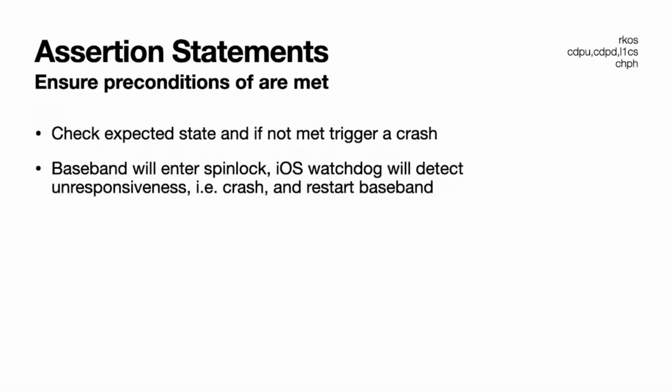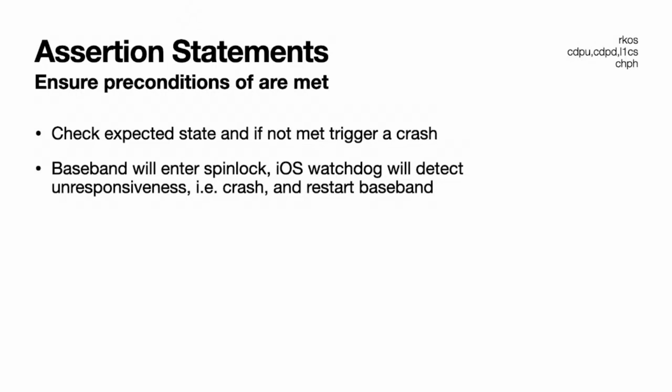And throughout the firmware, there are many assertion statements scattered. They basically check if the baseband is in the expected state, and if not, they just cause a panic and abort, because it's better to crash and restart than to enter an inconsistent or even harmful state. Users might experience a short disruption of service, but this is only critical in emergencies.